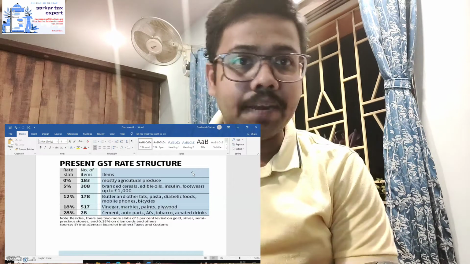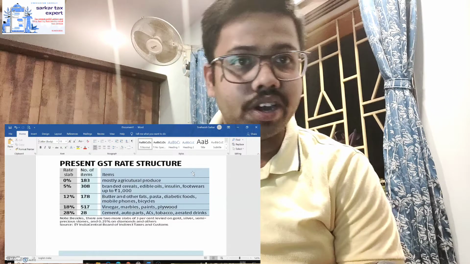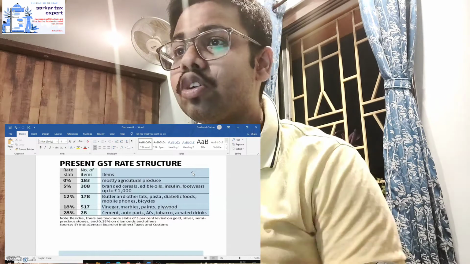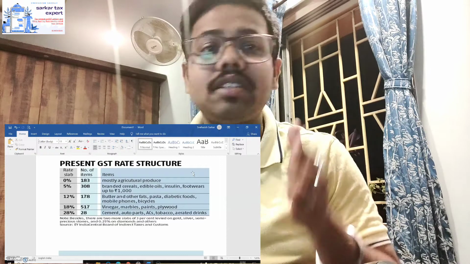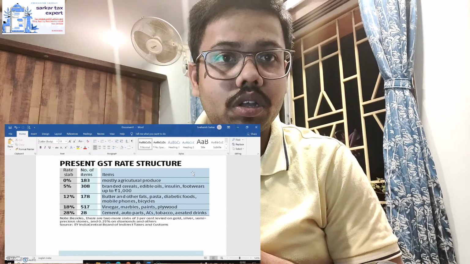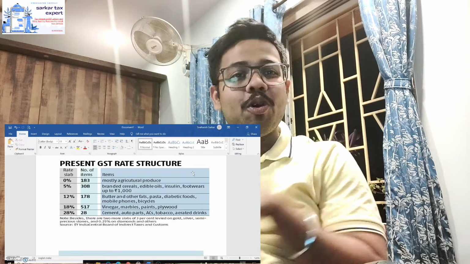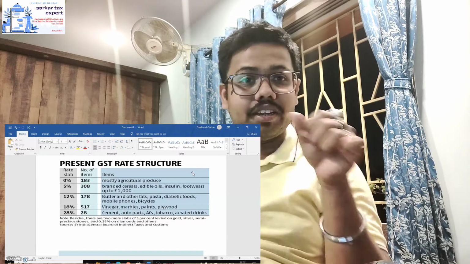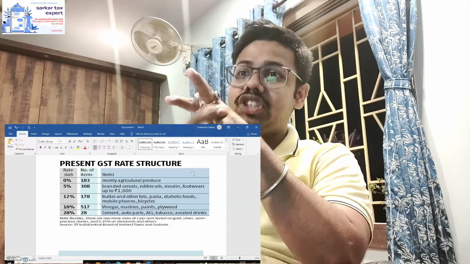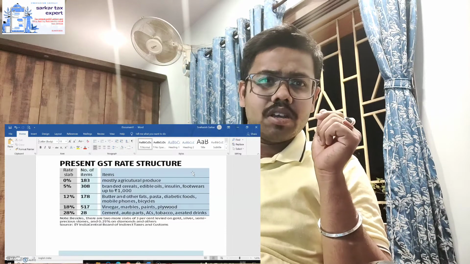Next comes the 18% tax slab. Number of items 517. So what are the items? Vinegar, marbles, paints, plywood. In Chinese cooking, we basically put vinegar, and that is charged 18% according to the GST rate structure. Next comes marbles.